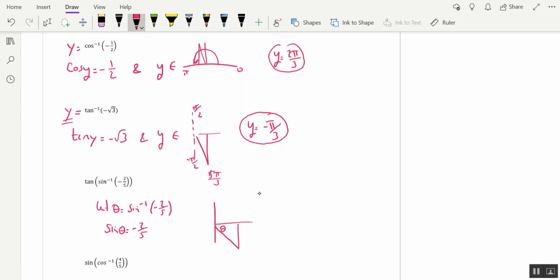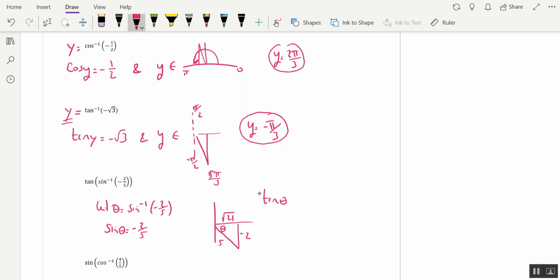Sine is opposite over hypotenuse. So this side's negative 2. The hypotenuse is 5. Then I can fill in the missing side by using the Pythagorean theorem. 25 minus 4 is 21. Okay, now I've got all the sides of the triangle filled in.